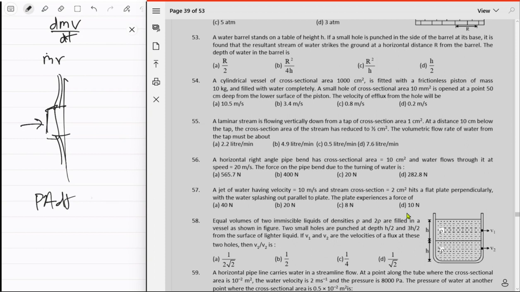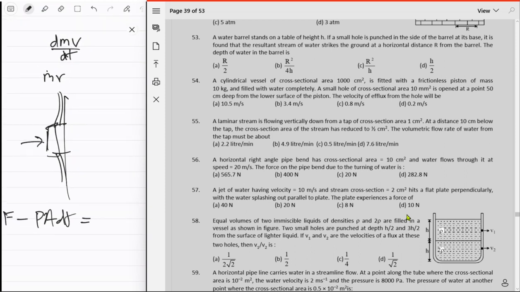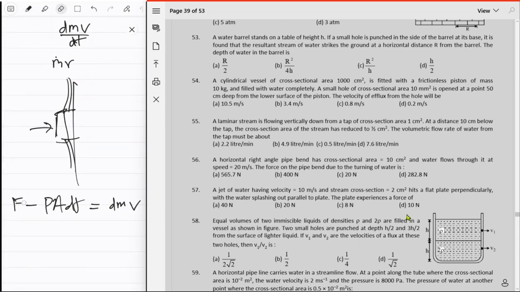So that's equal to, no, not equal to. It's like F minus that, and that is equal to what? Wait, that's giving us a completely different thing. Oh, it should be F dt, because that's the change in momentum that you have.